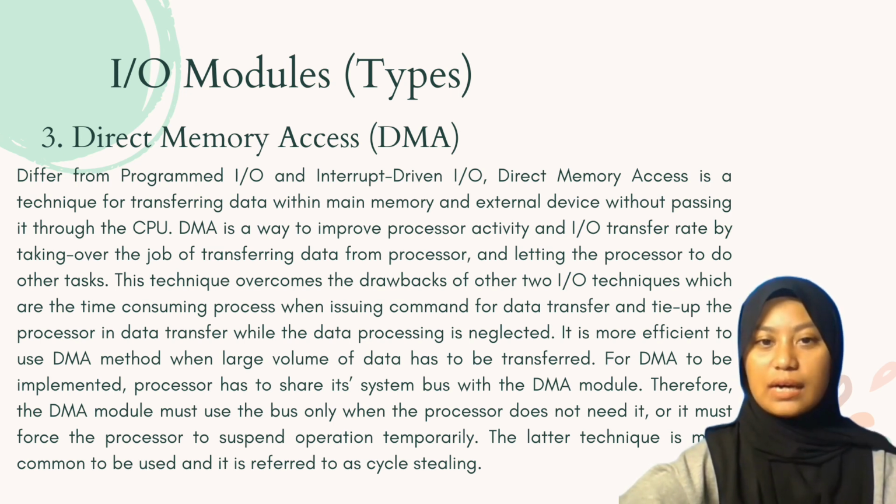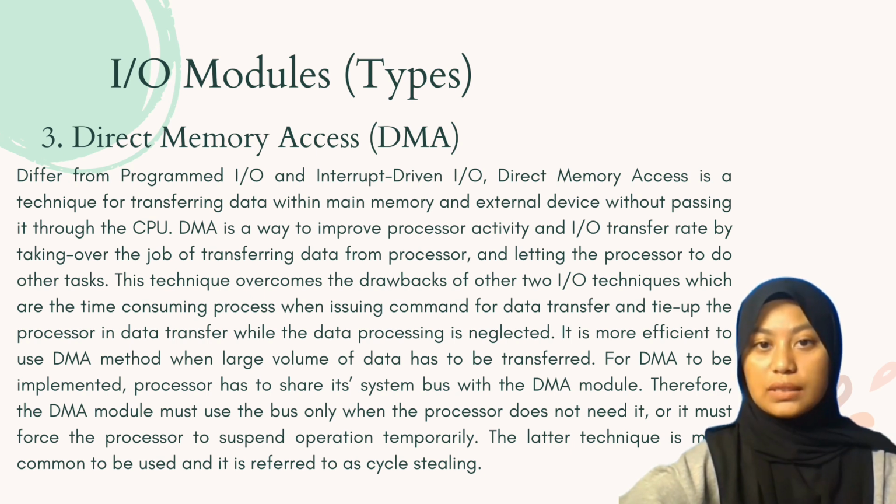This technique overcomes the drawbacks of other two I/O techniques, which are the time-consuming process when issuing command for the data transfer and tie up the processor in data transfer, while the data processing is neglected. It is more efficient to use the DMA method when large volume of data has to be transferred.